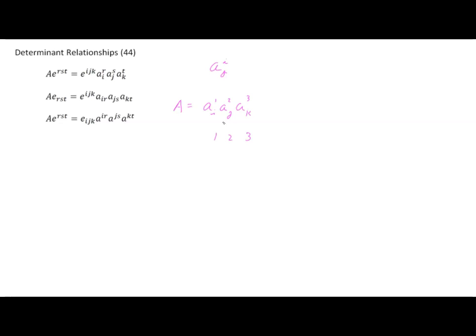So there are 6 ways to order the lower indexes, and therefore there'll be 6 terms that we add together. And when we have an even permutation in the bottom, the term will be positive. When we have an odd permutation, the term will be negative.